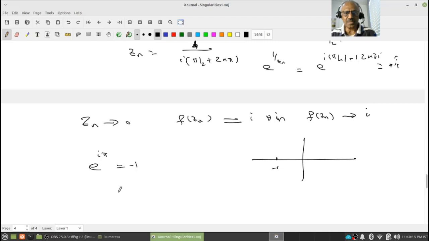Therefore I can take w_n to be 1 by (pi plus 2n pi), that is 1 by (2n plus 1) times pi.